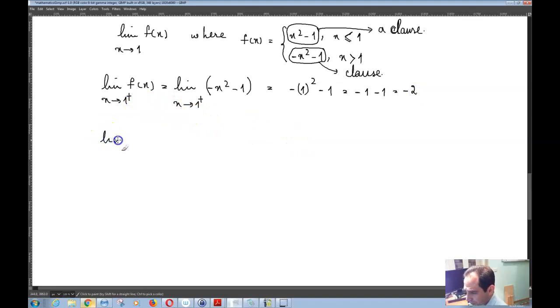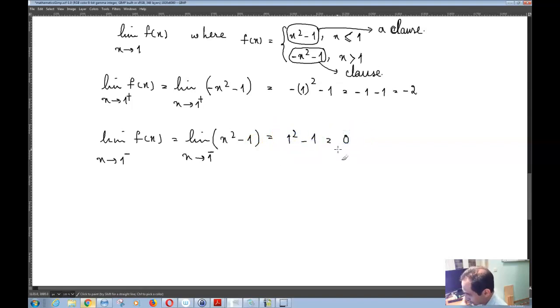And the limit of f of x as x tends to 1 from the left: from the left you have to go for x less than 1, which is this clause over here, x squared minus 1 as x tends to 1 from the left, which is the value of this function at x equal to 1. So 1 squared minus 1, which is equal to 0.